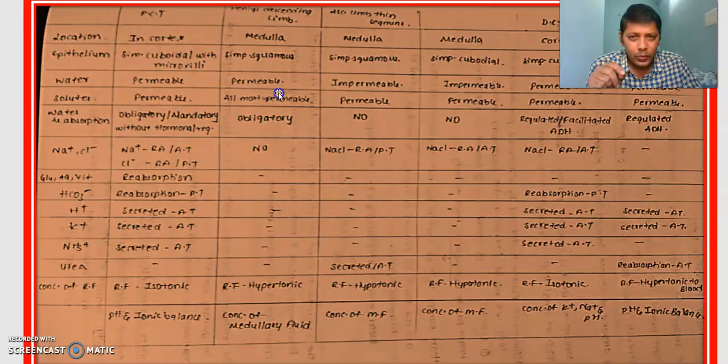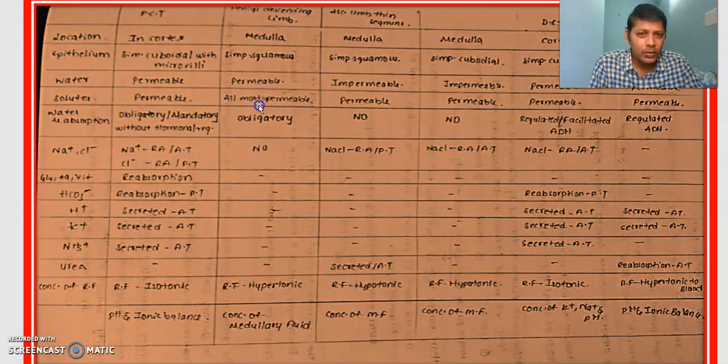Okay, next one. What about solutes? Almost impermeable to solutes. It was asked in a previous NEET exam. Descending limb and ascending limb are quite opposite. It is permeable to water, but the ascending limb is impermeable. It is almost impermeable to solutes, but the ascending limb is permeable, quite opposite. And water reabsorption here is also obligatory. For Na plus and Cl minus, no permission.